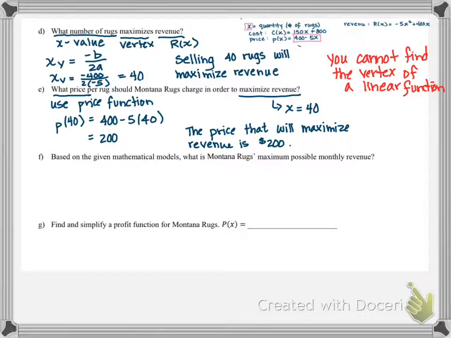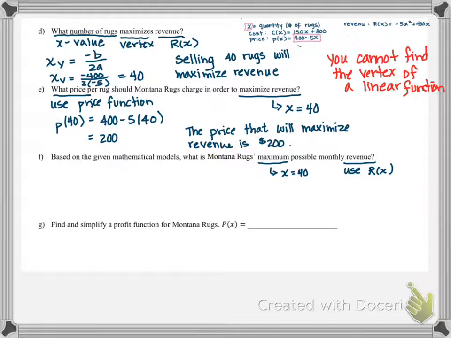So now I want to find the maximum possible monthly revenue. What function should I use? The revenue function. And it's a maximum, which again tells me that X is 40. If I'm maximizing revenue, X is 40.